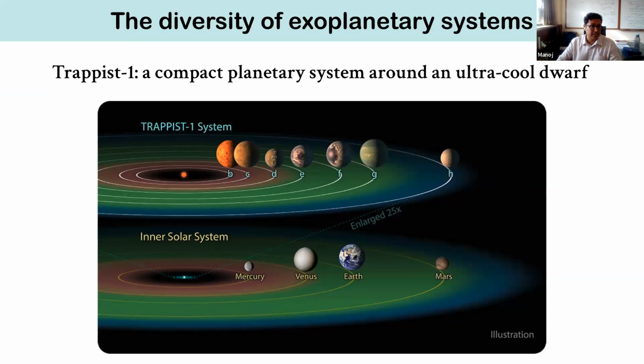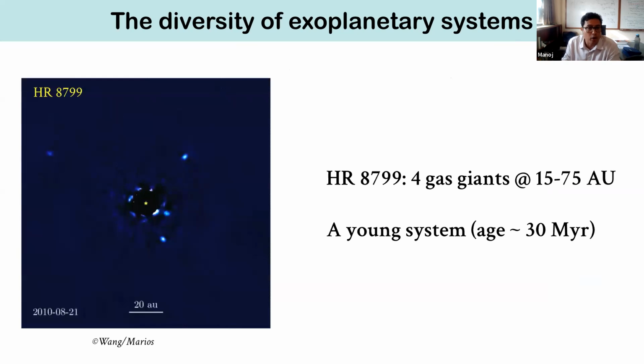So we were mostly discovering compact systems, and one such system is TRAPPIST-1, which has 7 planets, and that's what is shown here. This entire system could be tucked within the orbit of Mercury. It's extremely compact, and this has been one of the features: most of the systems that we have discovered have been very compact.